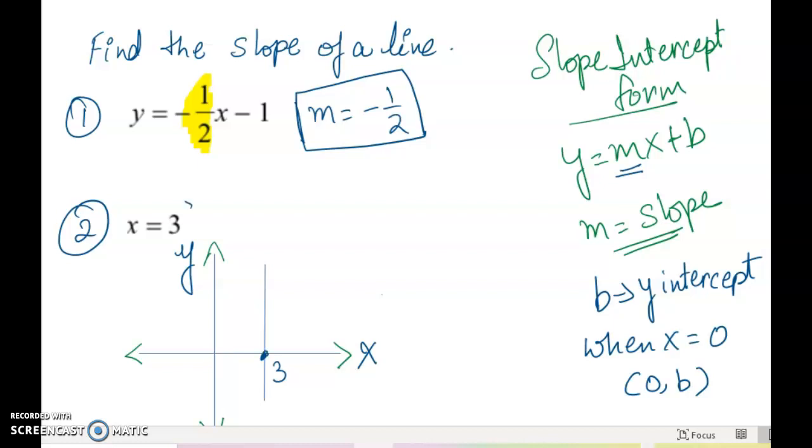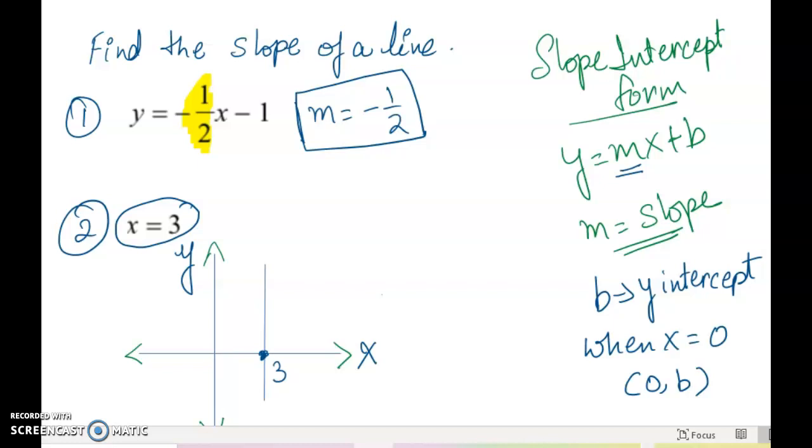You might say, oh, they haven't defined any y value. Yes, there is no y value in the equation, but that doesn't mean there is no y value. It means x is 3, and when x is 3, we will have a vertical line because there is only one value mentioned, and when I sketch it, it will form a vertical line.